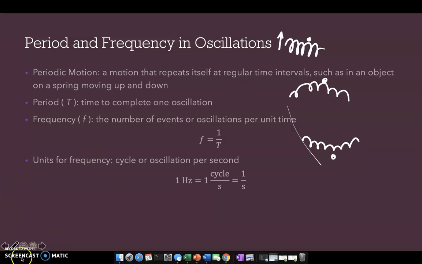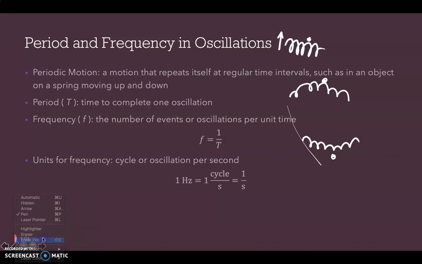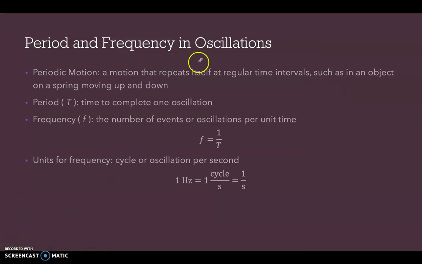Let me erase this. A period, or T, is the time to complete one oscillation, and the frequency is the number of events or oscillations per unit time.